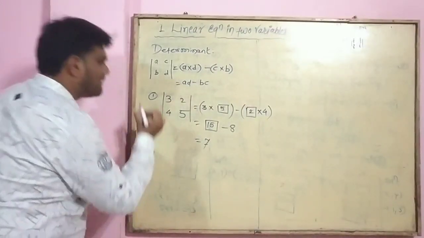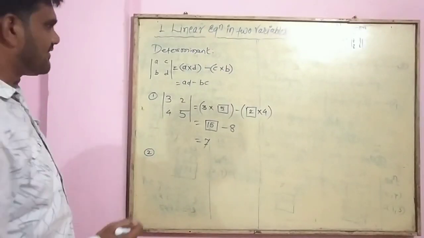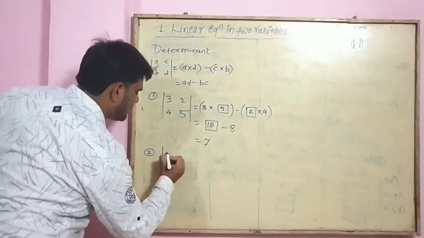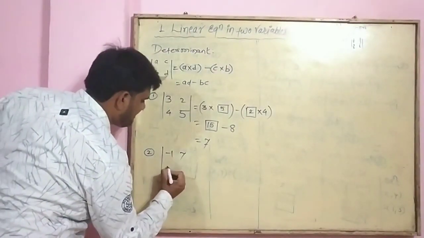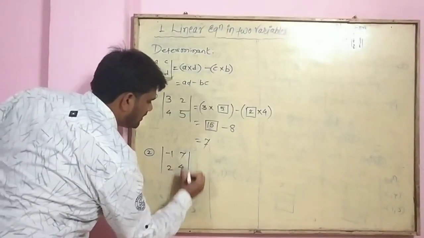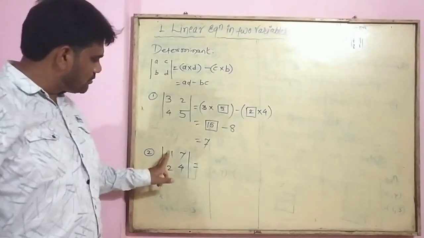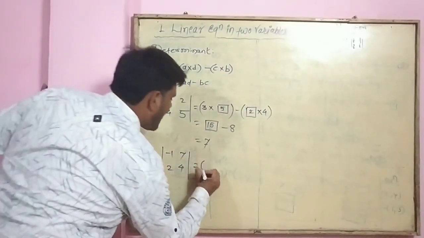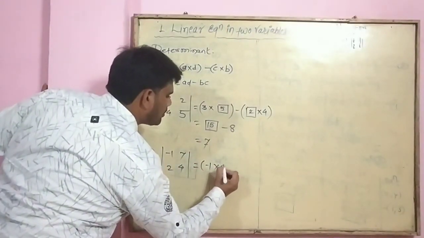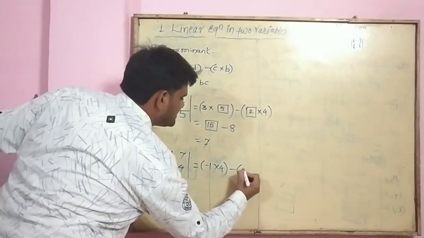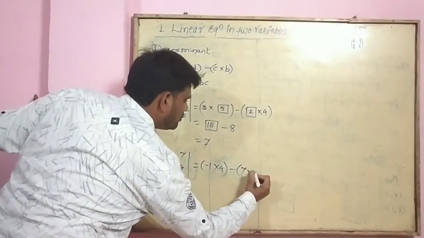Next, example number 2. We will see a different type, that is the determinant minus 1, 7, 2, 4. We have to solve it. Very easy. You have to do cross multiplication. Minus 1 into 4 minus 7 into 2.